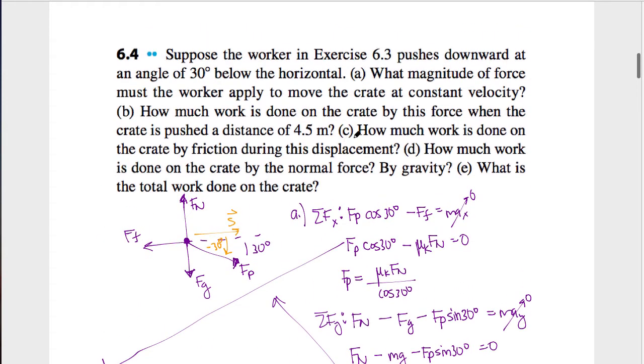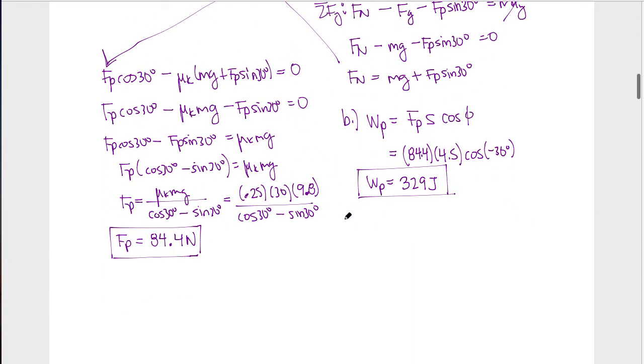Now, to continue on, C says how much work is done on the crate by friction during this displacement. Based off of our answer in the previous question, I think we can skip a few steps and note that constant velocity implies that the work done by the pushing force is equal to the negative of the work done by friction.